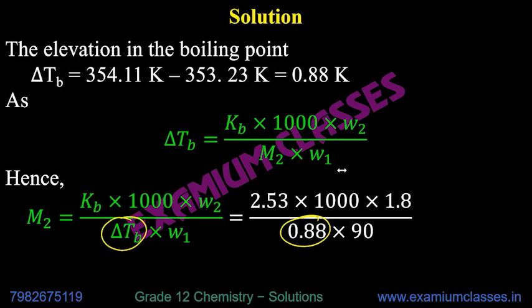Let me check the answer. 2.53 into 1000 into 1.8 divided by 0.88 divided by 90.